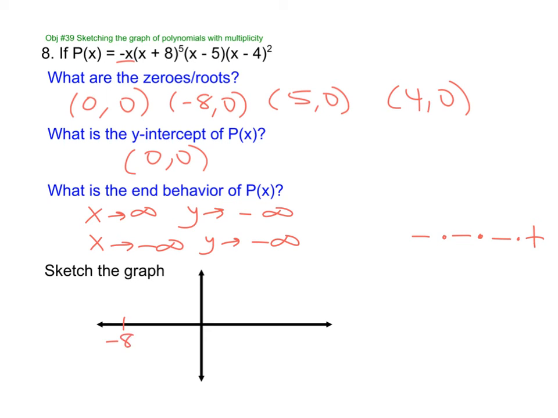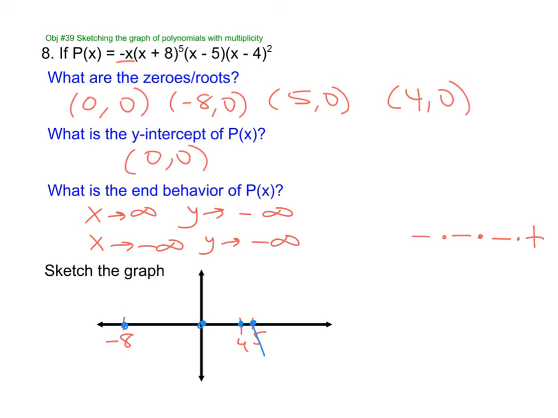So negative 8, 0, 4, and nope, it's too far away. 4 and 5. No zeros. All right, so as x goes to infinity, we're going down.